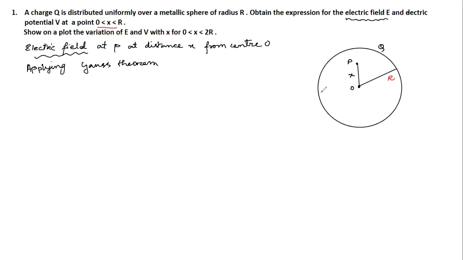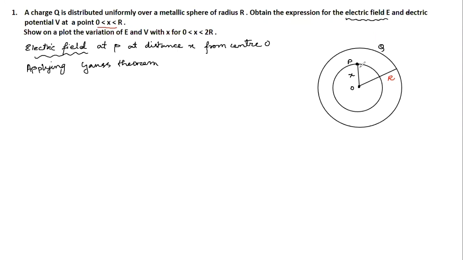So let's understand here physically how we can apply this. Since we have to find the electric field at point P, we will first draw our Gaussian surface, which is passing through this point P. This is my Gaussian surface, which has the same center O, but is drawn with radius x.